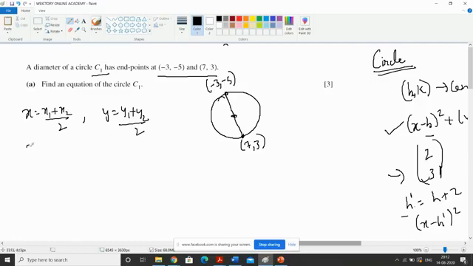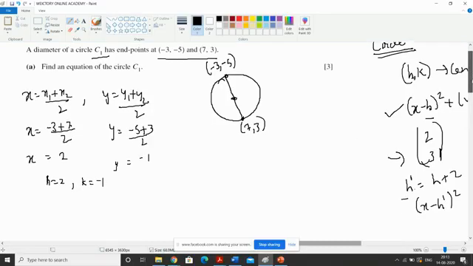Okay, so x is minus 3 plus 7 divided by 2, which will give you 4 over 2, so x is equal to 2, and y is y1 plus y2, which is minus 5 plus 3 divided by 2, which is minus 2 over 2, and that will give you minus 1. So h is 2 and k is minus 1. So these are the center.